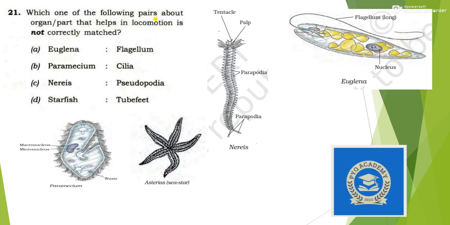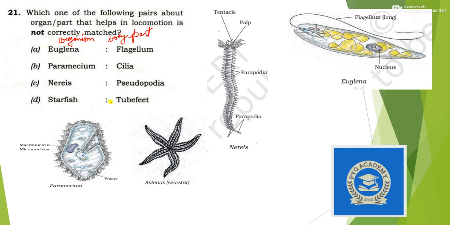Which one of the following pairs of organism and organ or part that helps in locomotion is not correct? Here the first is the name of the organism, and the second is the body part.